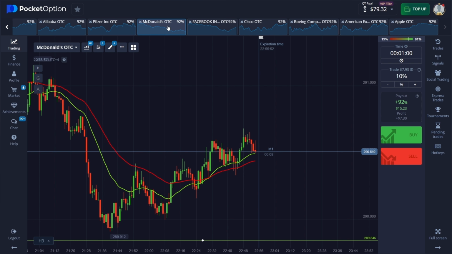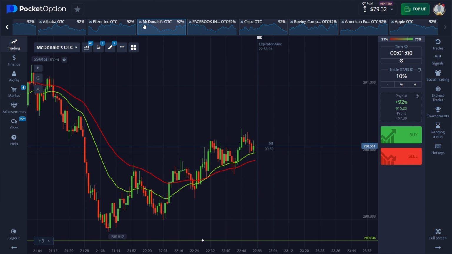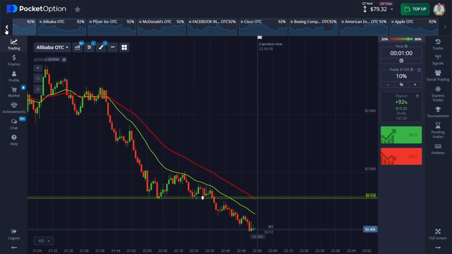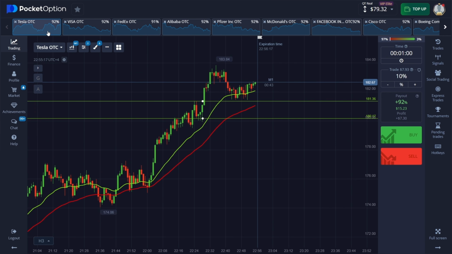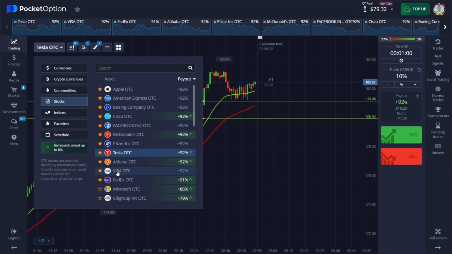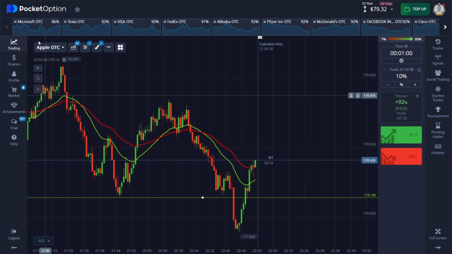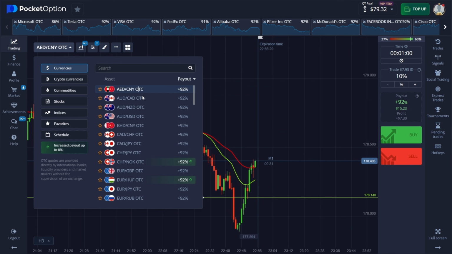Looking at McDonald OTC, it seems like a trade for the upside move, which looks promising. However, since the candle has already turned green, we will avoid it. Let's find a trade on currency pairs again.